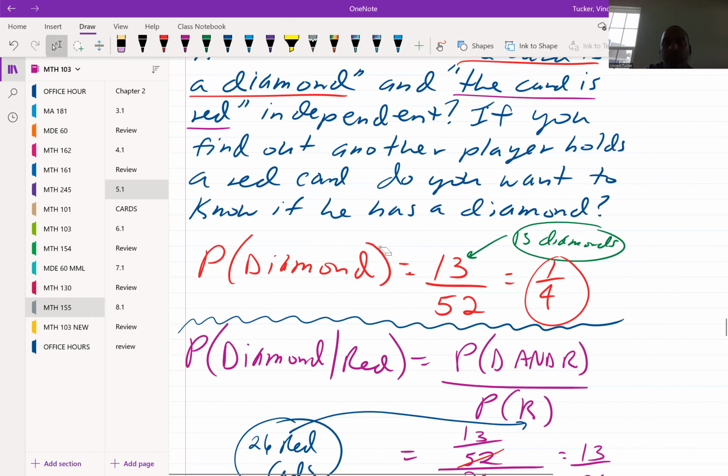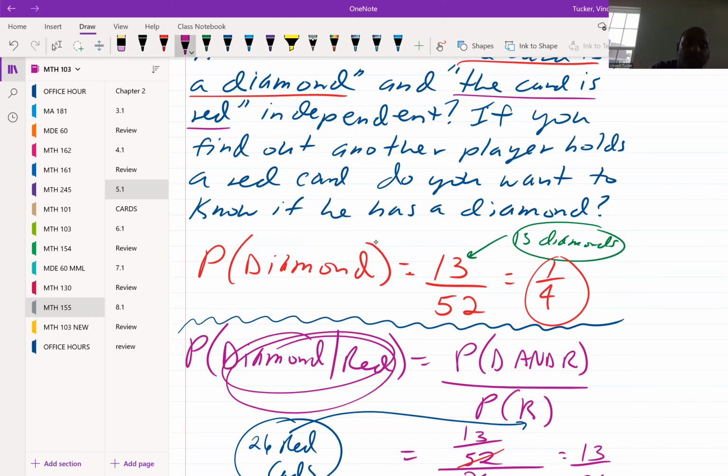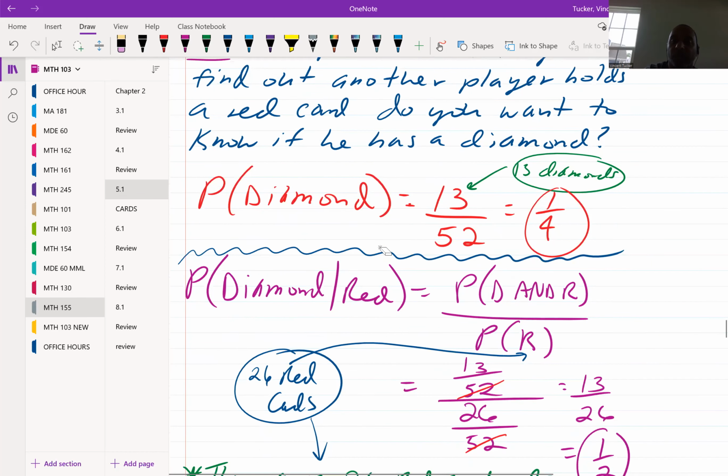All right. So if we're trying to find the conditional probability that the card is a diamond, given that it's red, first of all, you need the probability of all diamonds that are red. Of course, that's 13. If it's diamond and red, that's 13 over 52.